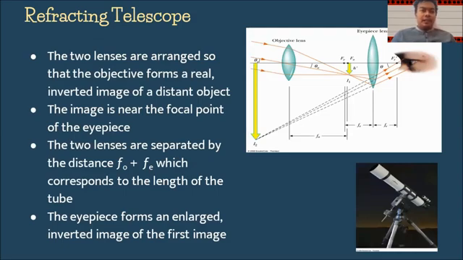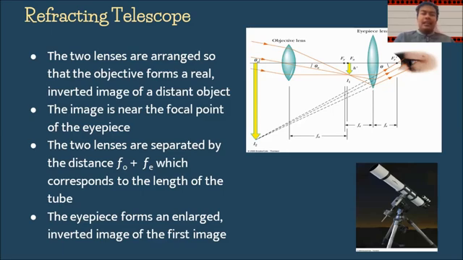Here is a refracting telescope. First, the two lenses are arranged so that the objective forms a real inverted image of a distant object. Second, the image is near the focal point of the eyepiece.